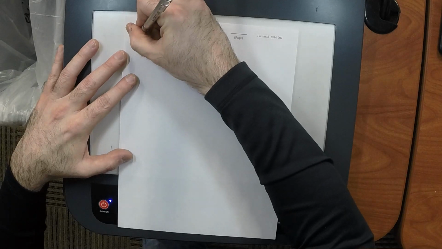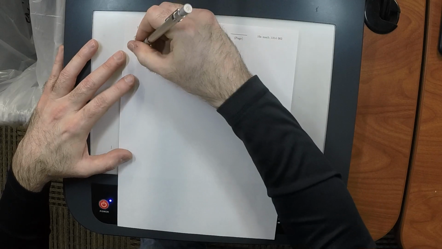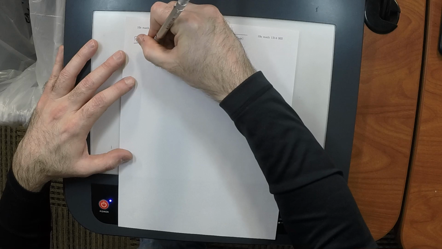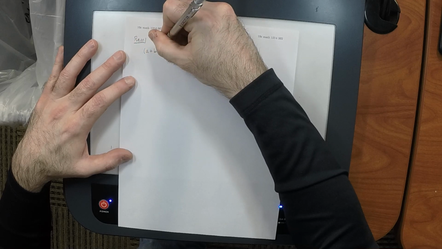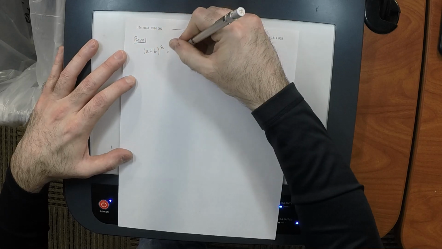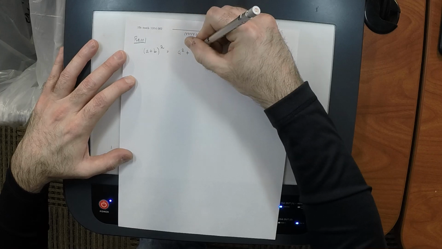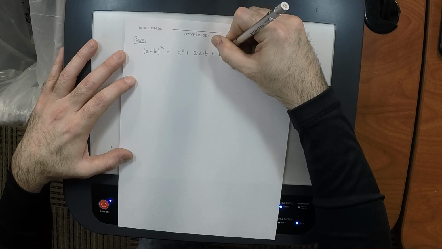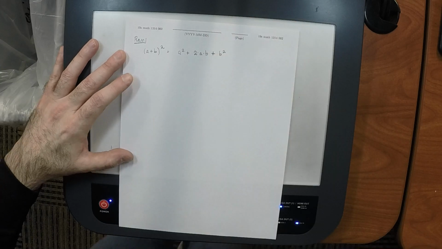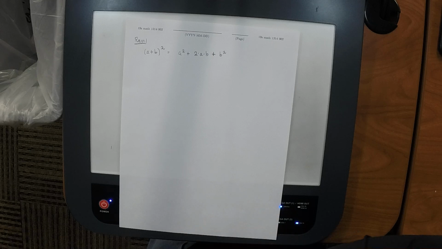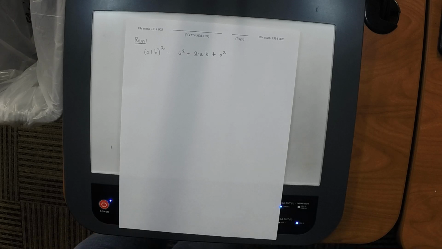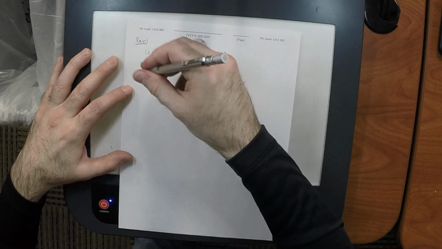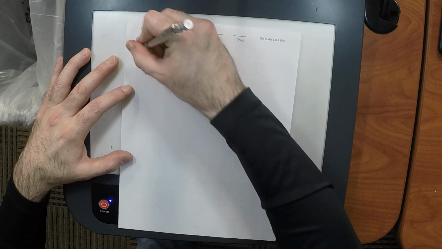So one thing that we talked about back when we were first talking about FOIL is that we have this nice formula. a plus b squared is a squared plus twice ab plus b squared. So that's just an immediate consequence of FOIL. Now, what if I say, okay, that's fine, but what about this one?